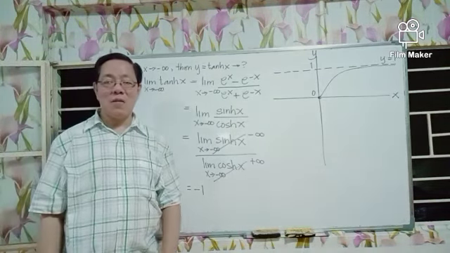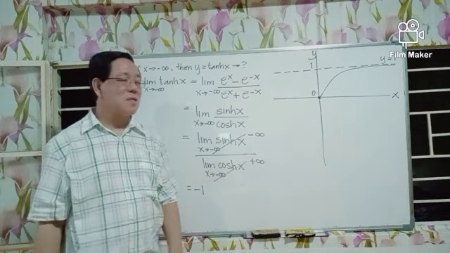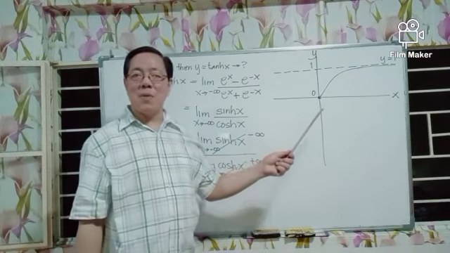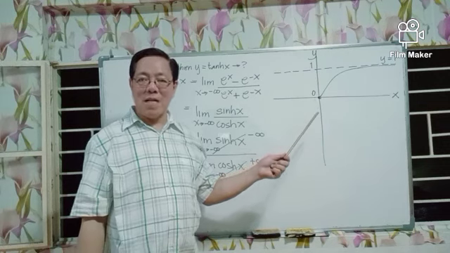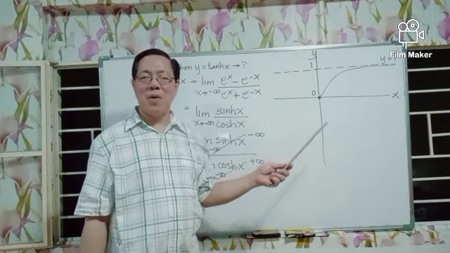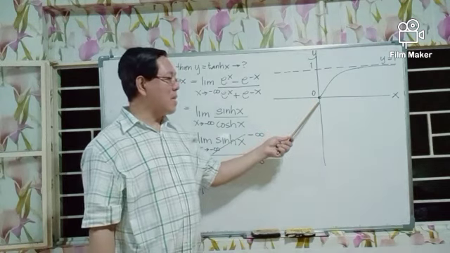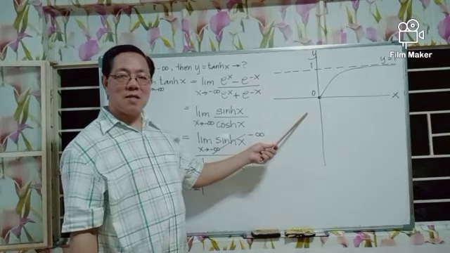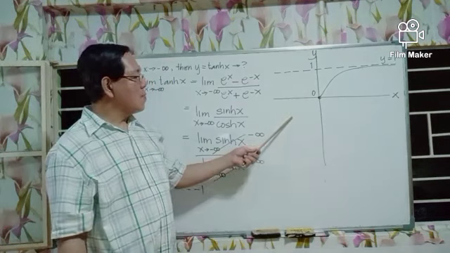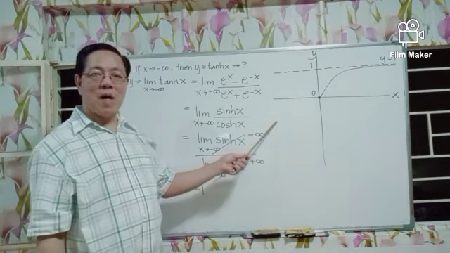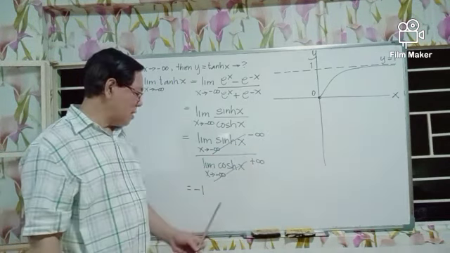Geometrically, that means that the graph of the hyperbolic tangent of x from the point x equals 0 will be decreasing, and as x decreases, the value of the hyperbolic tangent of x will approach negative 1.